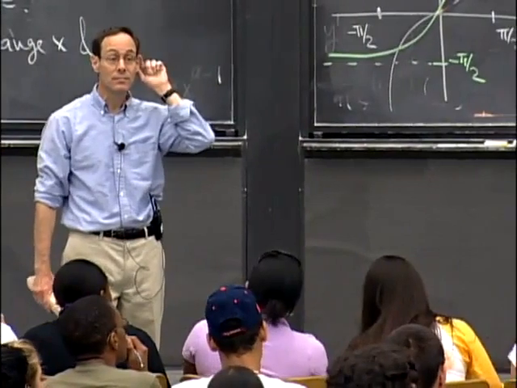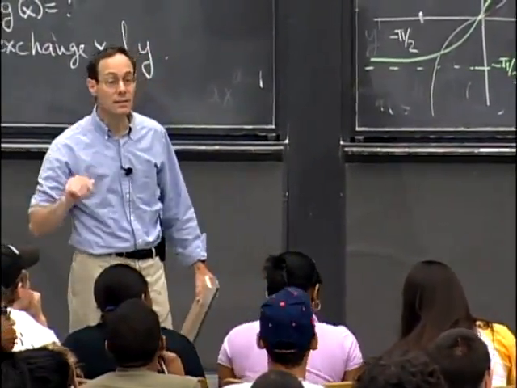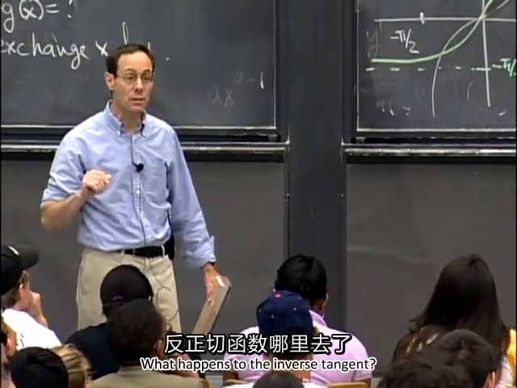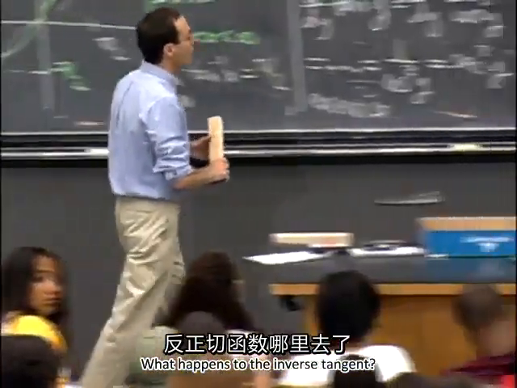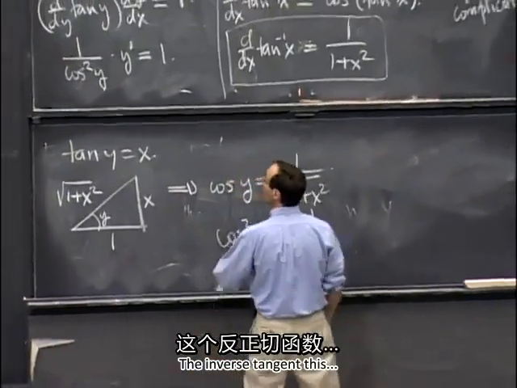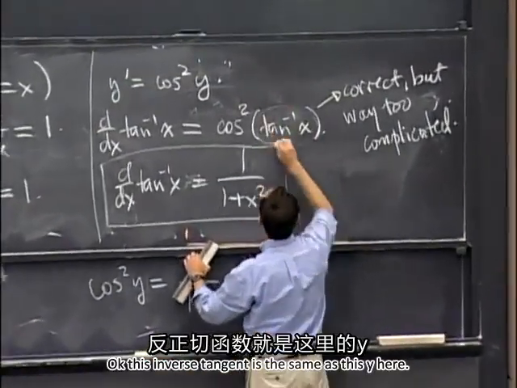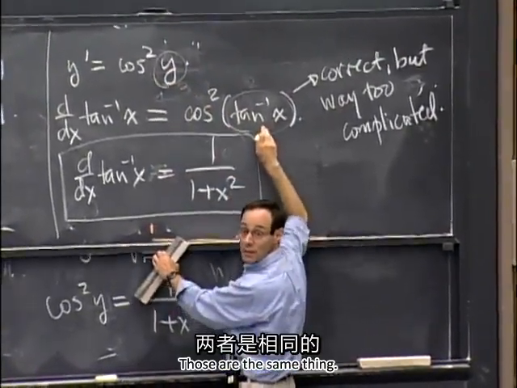What happens to the inverse tangent? Okay, so this inverse tangent is the same as this y here. Those are the same thing.